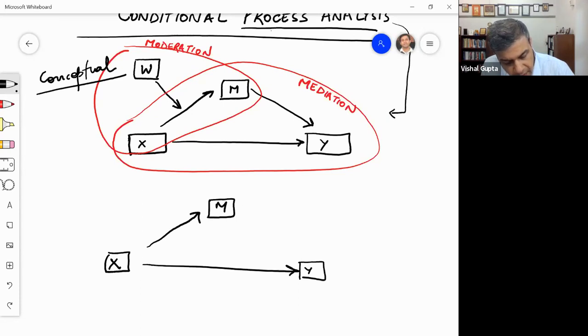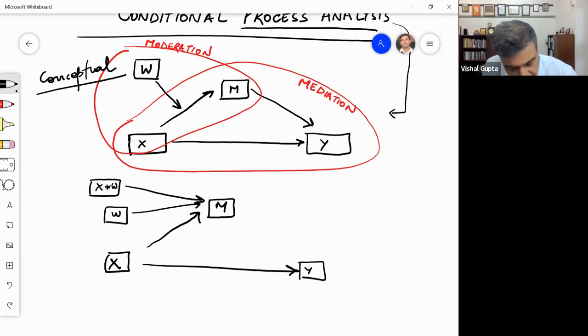Whenever there is a moderator, we draw a path from W, the moderator, and we also bring in the product term X into W. If you look up your notes, we had drawn the path from the moderator to the outcome, and then the interaction of the antecedent and the moderator to the outcome. So here, because W is moderating the relationship between X and M, this is how I draw it, and the other path I draw as it is.